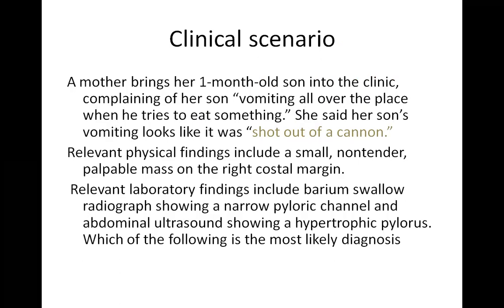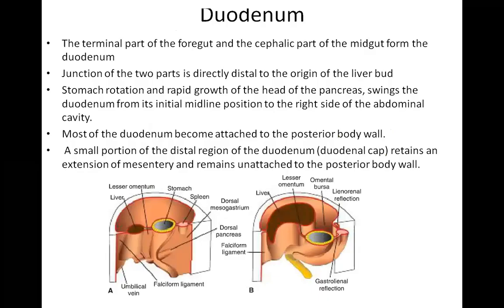The relevant physical findings are a small, non-tender palpable mass on the right costal margin, and relevant laboratory findings include a barium swallow radiograph showing a narrow pyloric canal, and abdominal ultrasound showing a hypertrophic pylorus. The most likely diagnosis of such a scenario is hypertrophic pyloric stenosis.